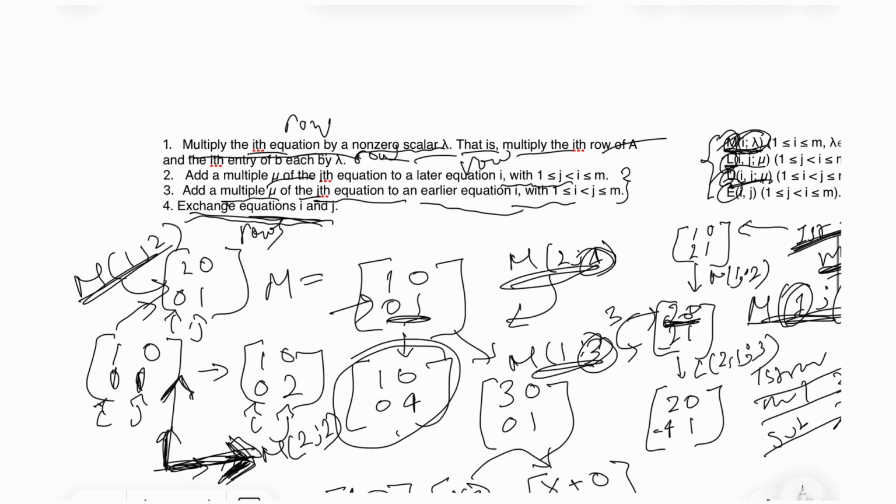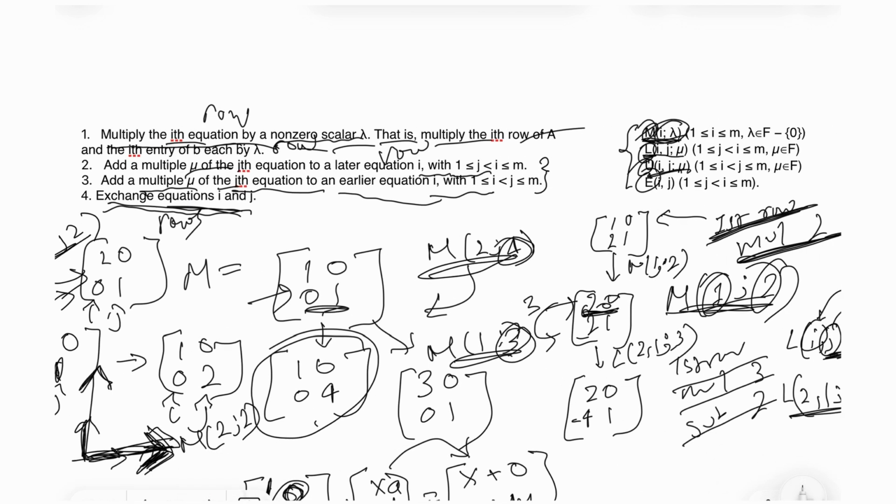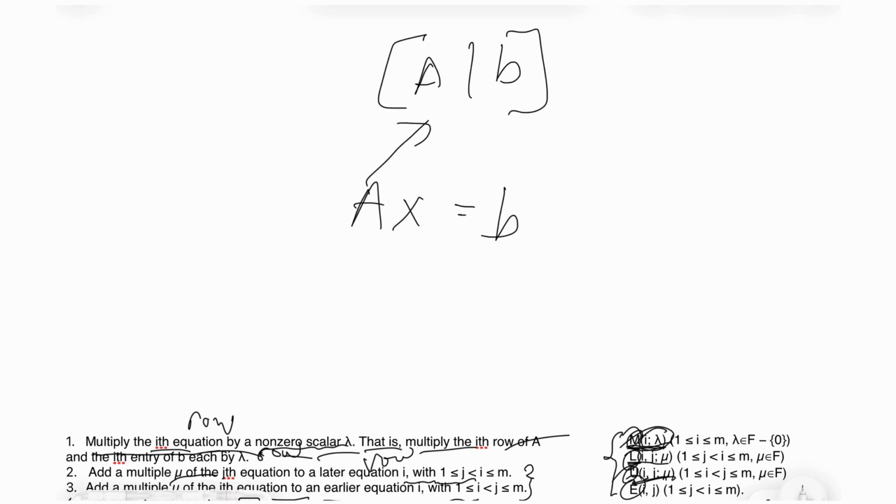Now, this is what we do in Gaussian elimination. We take our matrices, AX equal to B. We take A and B, and we perform operations on them.